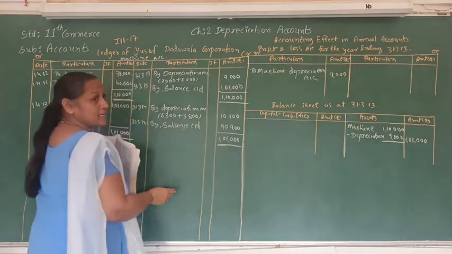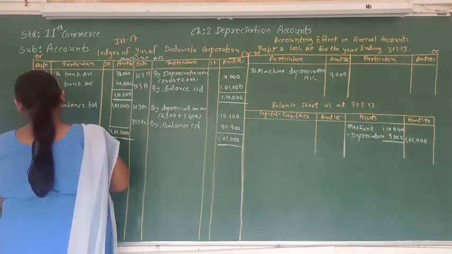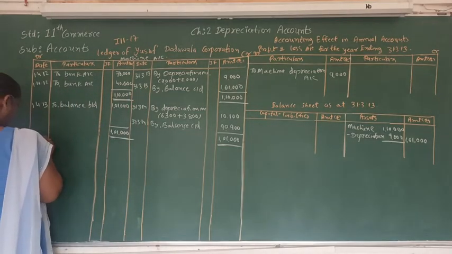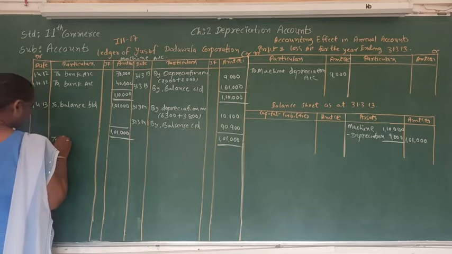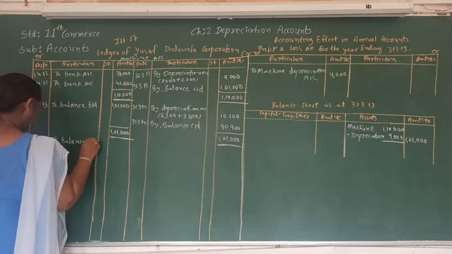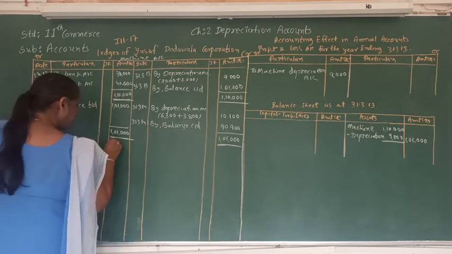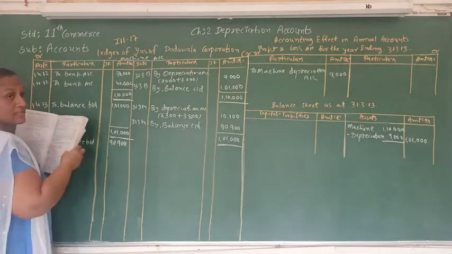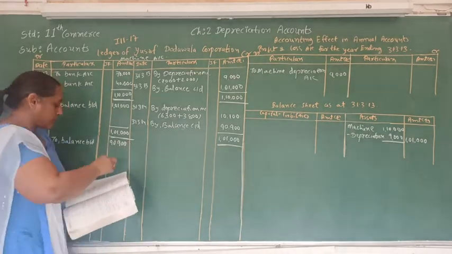This is the balance that's supposed to be taken to the third year, and the third year will be on 1/4/14, to balance brought down, and the amount will be 90,900. So this is the total balance of the machine account.